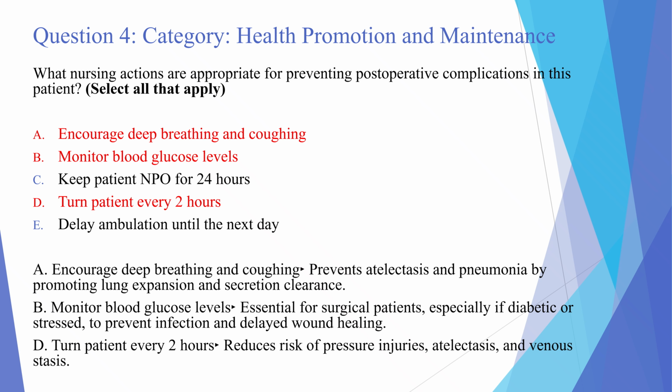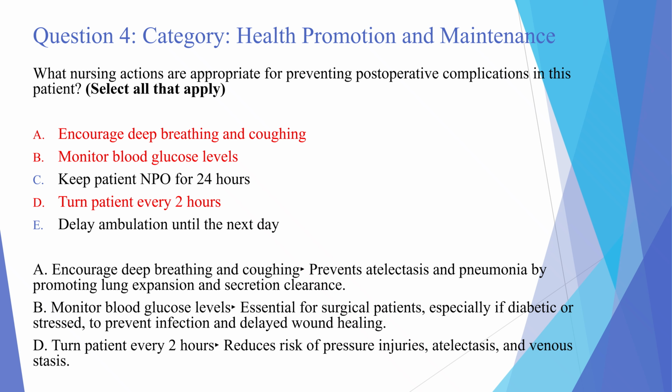You try to encourage to take sips. You encourage to take small sips of water little by little. Okay. Encourage deep breathing and coughing. It prevents pneumonia by promoting lung expansion and secretion clearance.